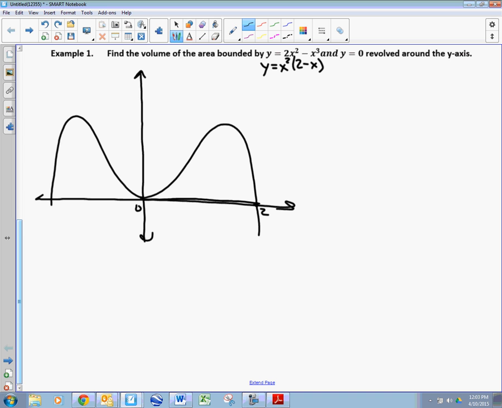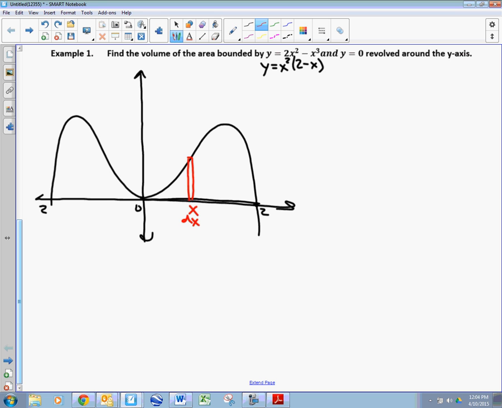So if I rotate it over, that's what I have. Can't draw left to right because left to right is the same thing. So washer method does not work. So therefore, I select an x value. And at that x value between 0 and 2, I draw a rectangle. Does that have width of dx or dy?